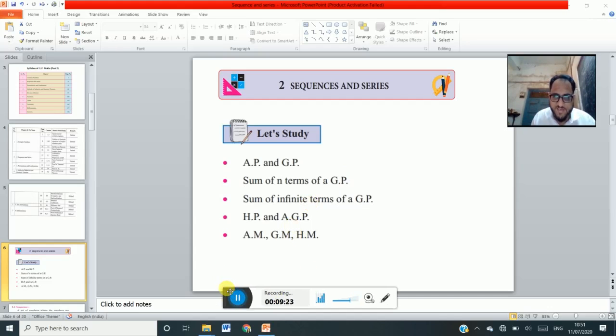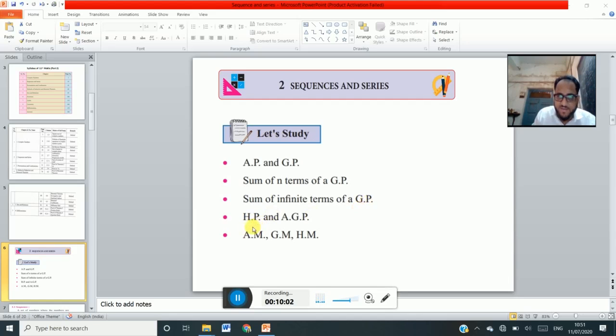Actually this is the second chapter, but as I told you, most of the part from the first chapter is deleted, so we start with the second chapter, that is sequence and series, right? So in this chapter this is the data we have to study here: the AP and GP. Actually this topic you also learned in 11th and 10th class. AP means arithmetic progression, GP means geometric progression, then sum of the n terms of a geometric progression, and sum of the infinite terms of a geometric progression.